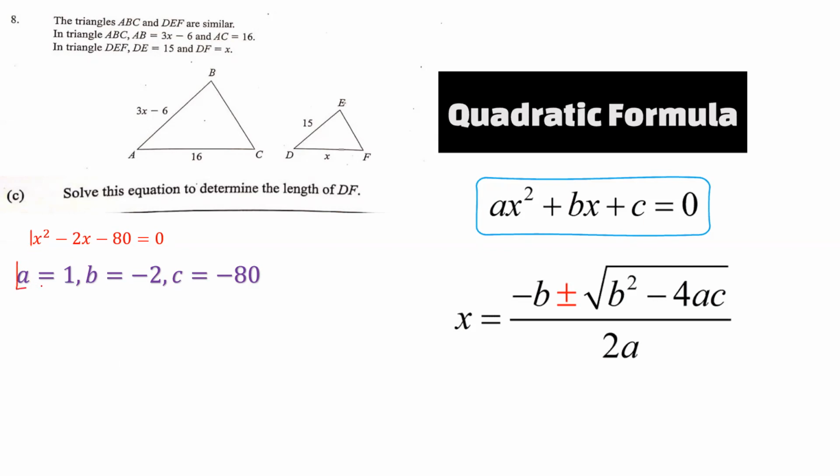So a is 1. We know that b is negative 2. And we also know that c is negative 80. So a is 1, b is negative 2, and c is negative 80.